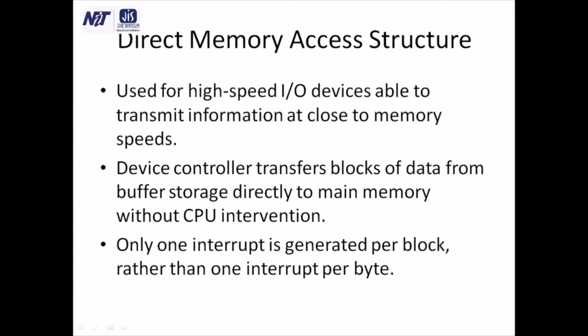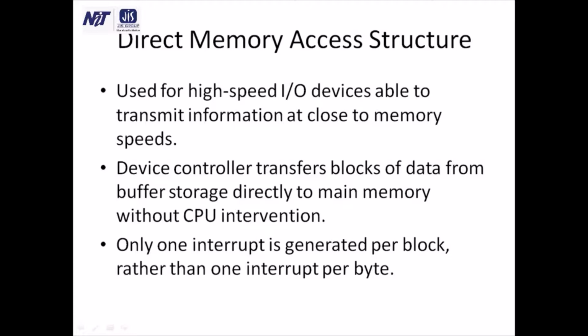Now we discuss the direct memory access structure. In the direct memory access structure, we use high-speed input-output devices which are able to transmit information at close to memory speed. The device controller transfers blocks of data from buffer storage directly into the main memory without the intervention of the CPU.